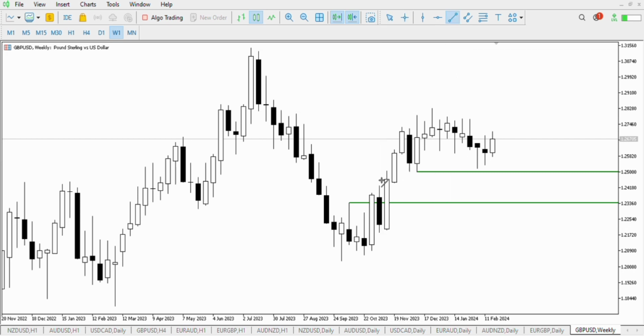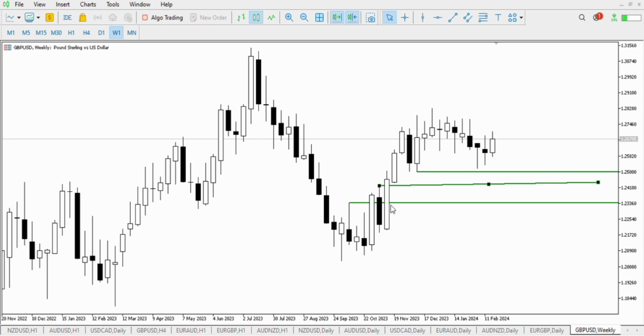That is, we have two confluences now. The first confluence is the fair value gap on the monthly time frame. When we come to the weekly time frame, in between the fair value gap we also have an order block. So an order block and also a fair value gap has increased the probability of price being drawn towards that low side, that is price heading lower.